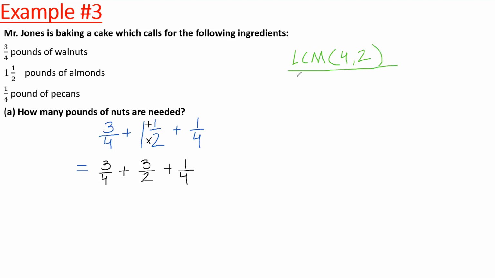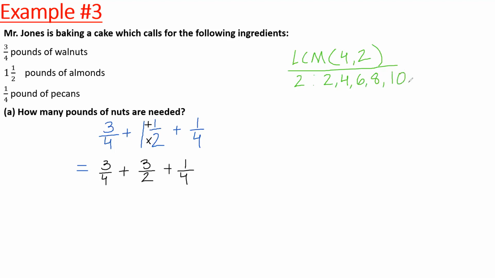So we list the multiples of 2. The multiples of 2 are gonna be 2, 4, 6, 8, 10, 12, and so on.